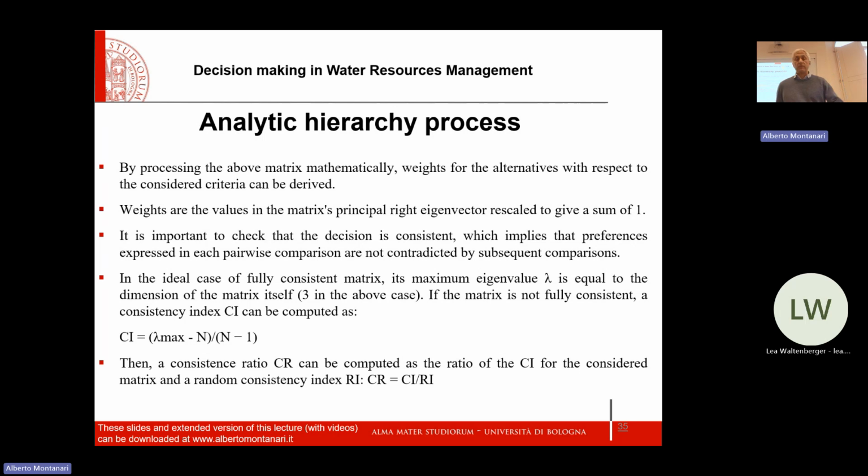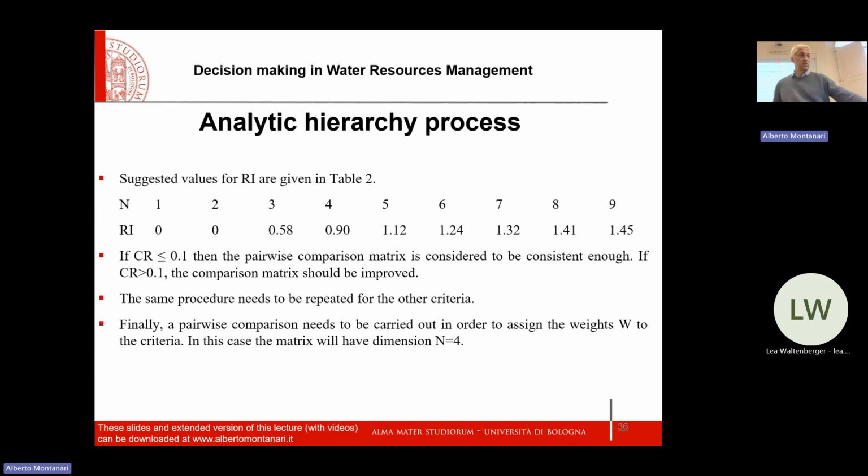RI is representative of a matrix that is absolutely not consistent. So if this ratio CR is 1, it means that the matrix is the same as a matrix that is absolutely not consistent. If CR is 0, it means that CI is 0, and therefore it's fully consistent. And then you compare it with this condition. If CR is less than 0.1, then the matrix is consistent.